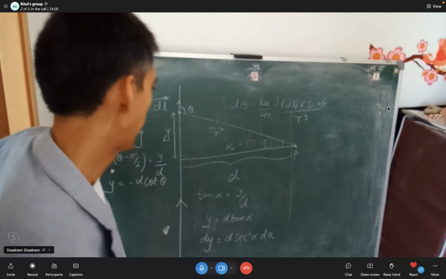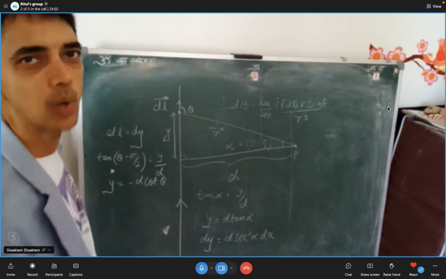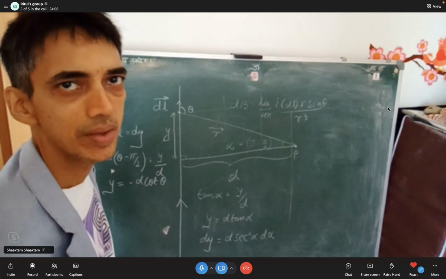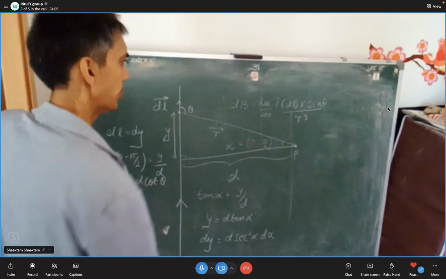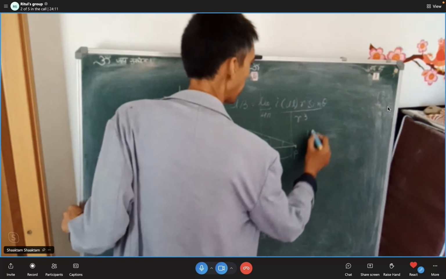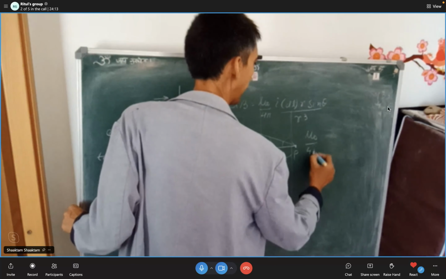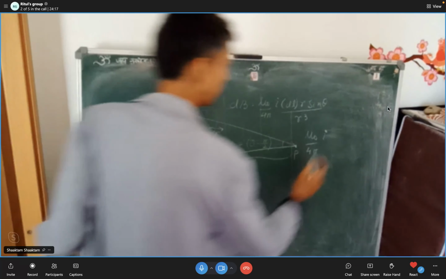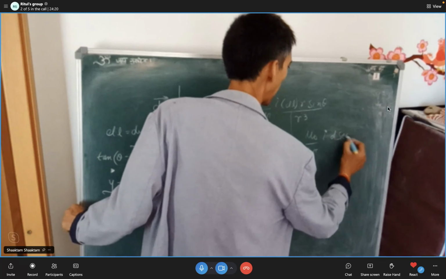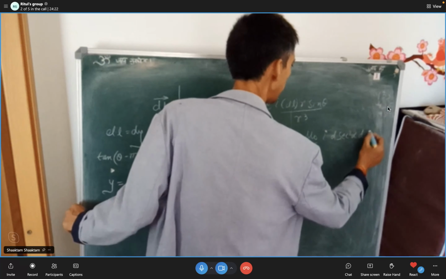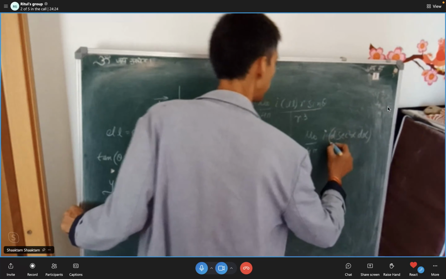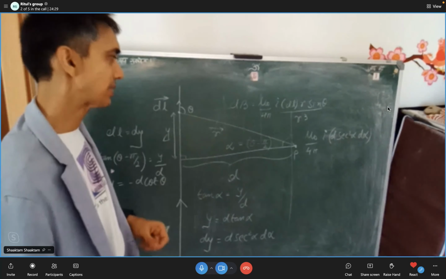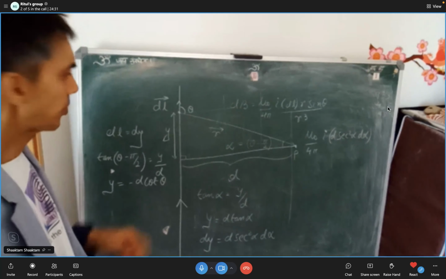So dy is equal to d sec squared alpha d alpha. Correct, dear? Yes, sir. Use it in the equation out here: mu naught as it is, 4 pi as it is, I as it is. Instead of dl, we have d sec squared alpha d alpha. Now what else? Sine theta by r squared.